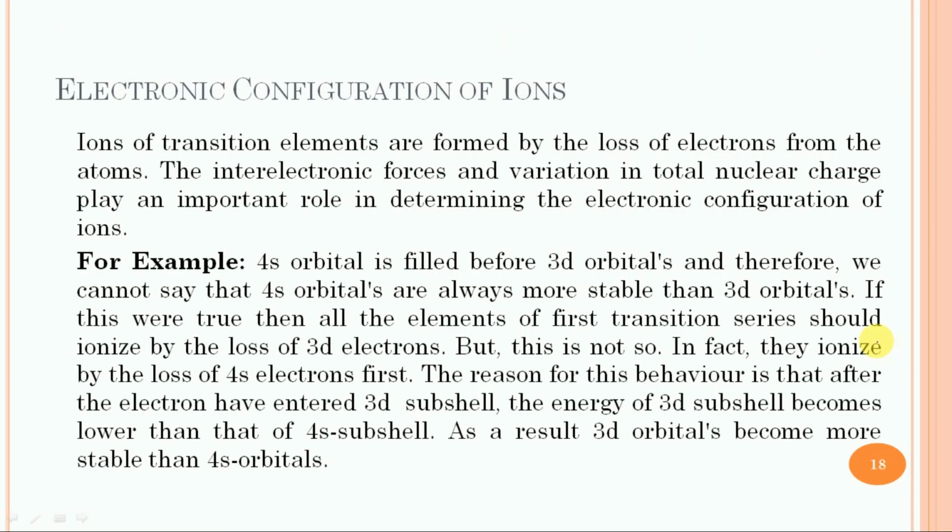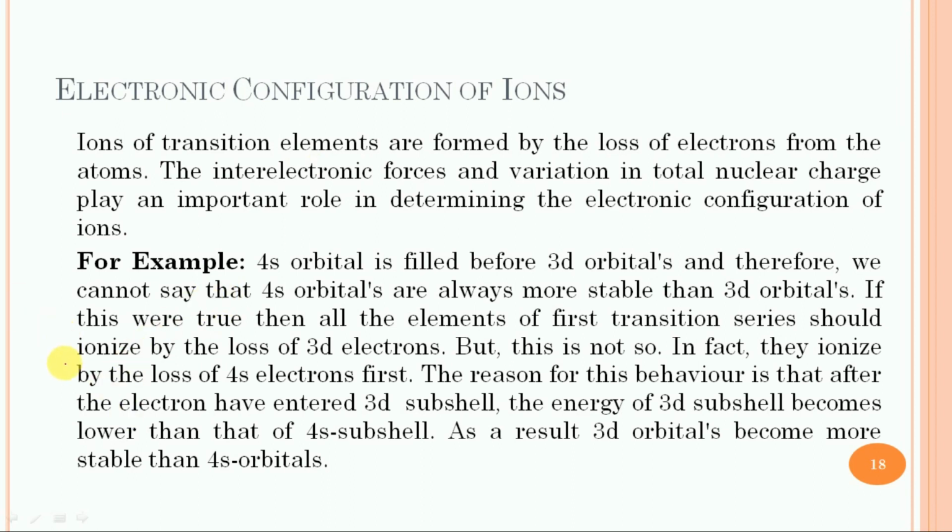Next is the electronic configuration of ions. Ions of transition elements are formed by loss of electrons from the atom. The interelectronic forces and variation in total nuclear charge play an important role in determining the electronic configuration of the ion.